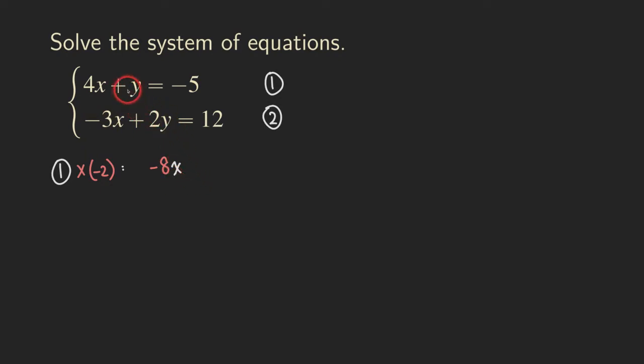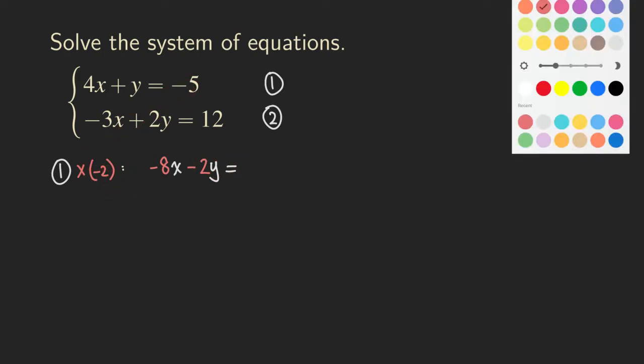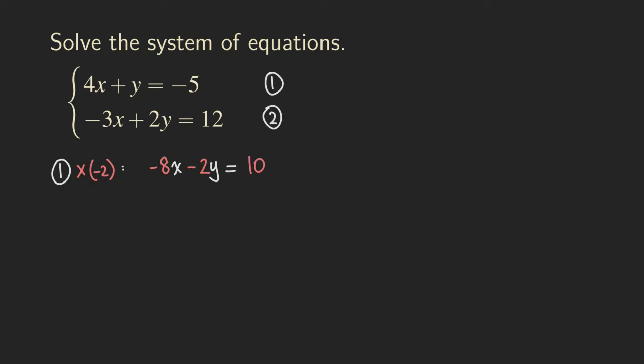The coefficient for the y is 1, and when we multiply that by -2, we get -2, and then the y. And then it equals... we have -5 times -2, which gives us +10, so that changes into a positive number. So now that's our new equation 1.